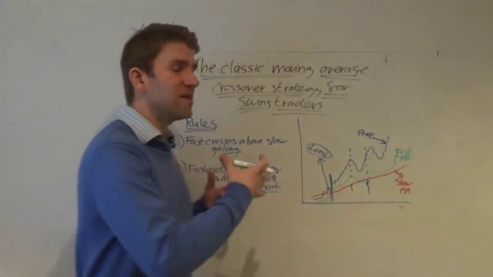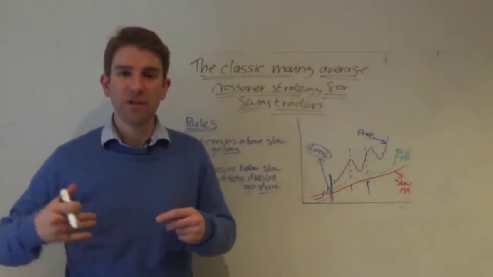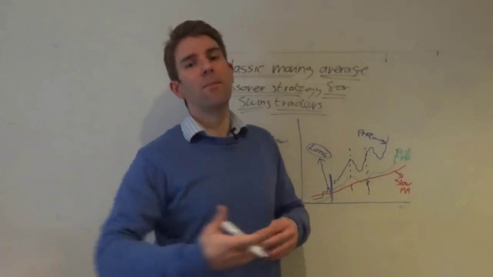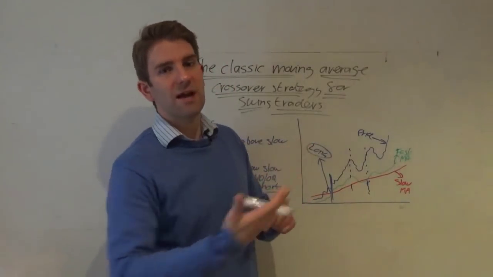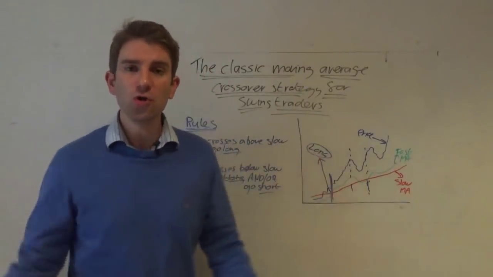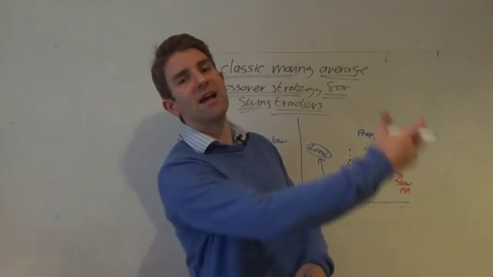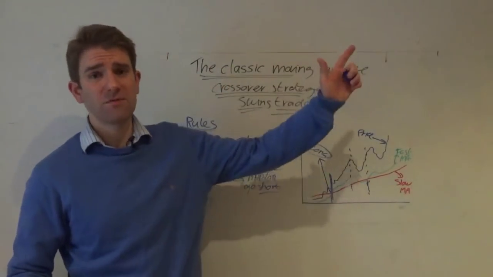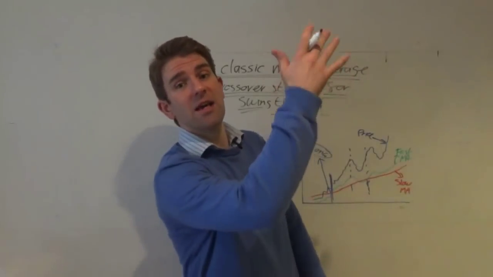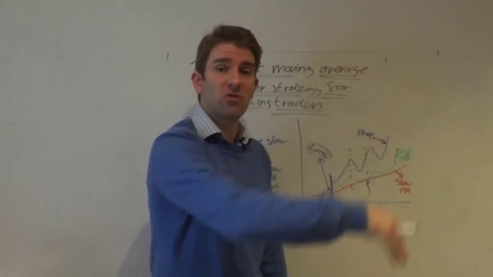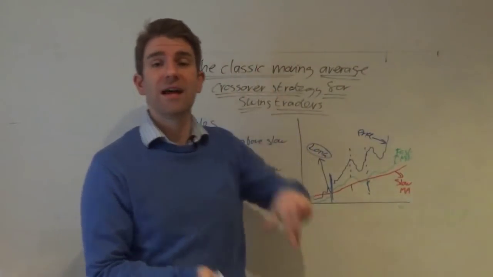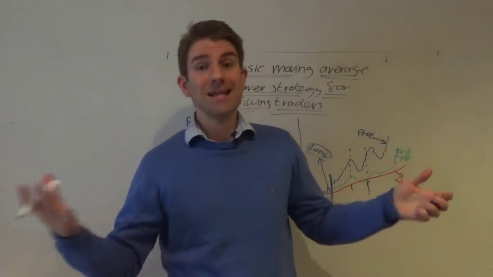The dream of this setup is to get involved in something that starts to curl at the bottom of a trend, the fast moving average crosses above the slow, you pile in long, and the thing just rallies on for months and months, if not years. Eventually price stagnates, the moving average crosses down, you take your big profit, and you do that over multiple markets. That's the theory of it.